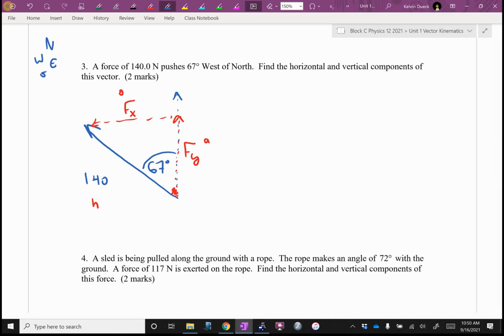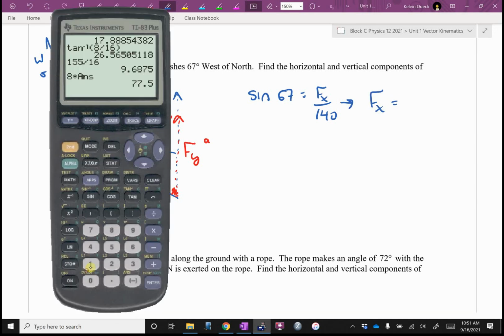I guess to find Fx, it's going to be sine of 67 equals Fx over 140. Typo, Mr. Dewick, sine of 67, not 140. Fx ends up being 140 sine 67. You get 128.8. I'm going to call it 129.